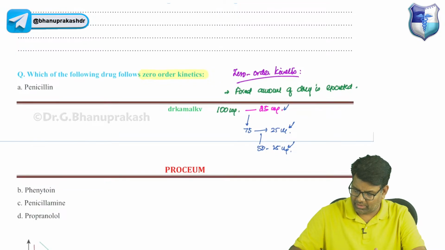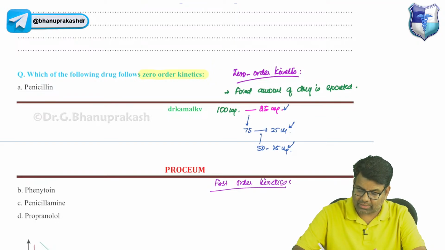Then the other pattern is first order kinetics. Here a constant fraction is excreted.